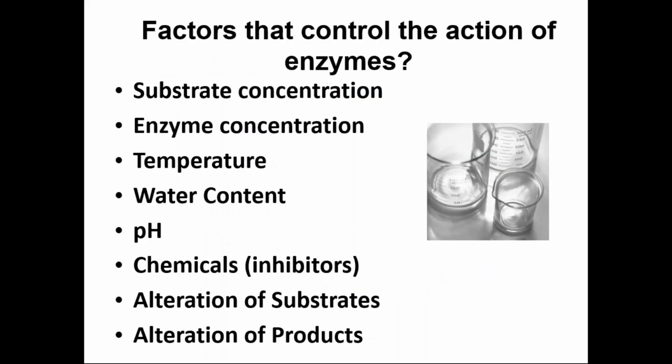Factors that control the action of enzymes: we will see how the substrate concentration controls the activity of an enzyme, the enzyme concentration, the temperature, the water content, the pH, inhibitors, and any alterations in the substrates and or the products.